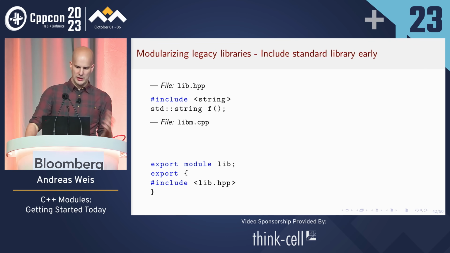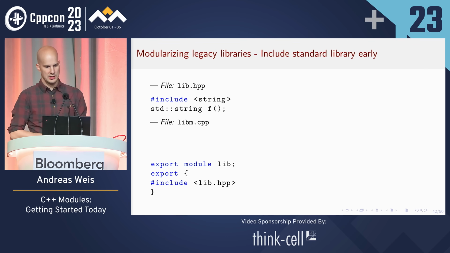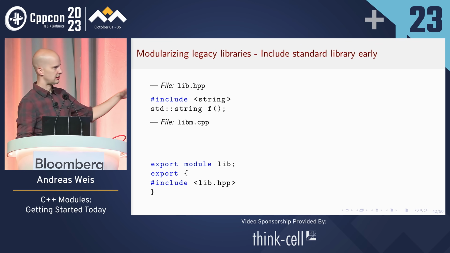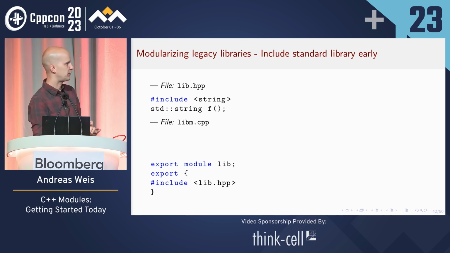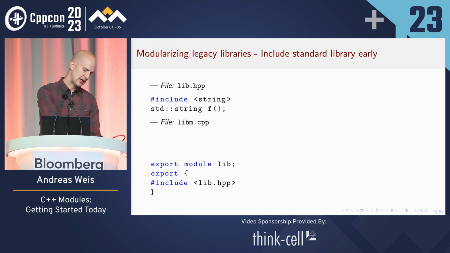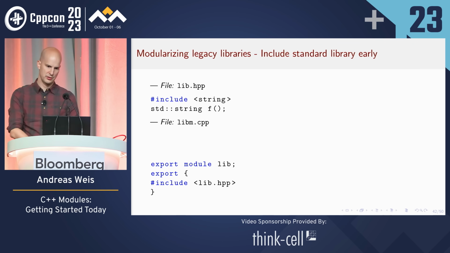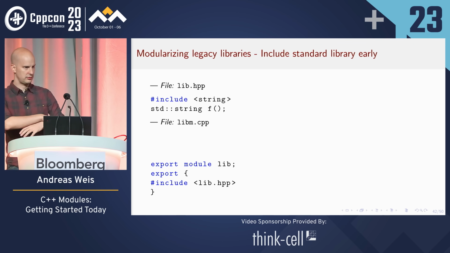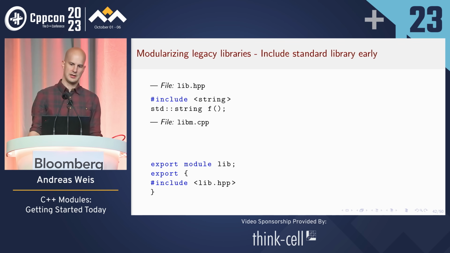So let's say we have the situation that we export something that depends on the standard library, right? This is a pattern that you might be tempted to use. I have a library that works in terms of headers, and now I want to modularize this. I don't want to rewrite the complete header.